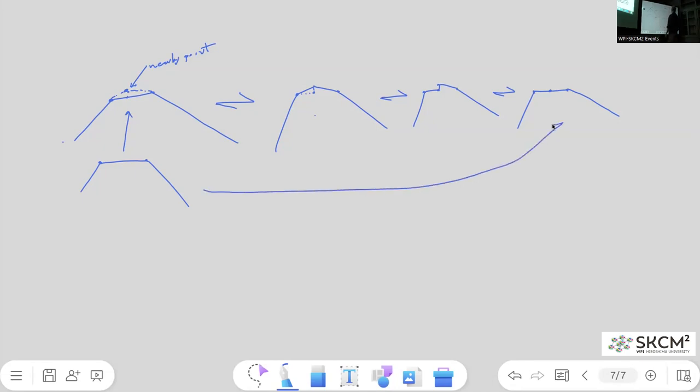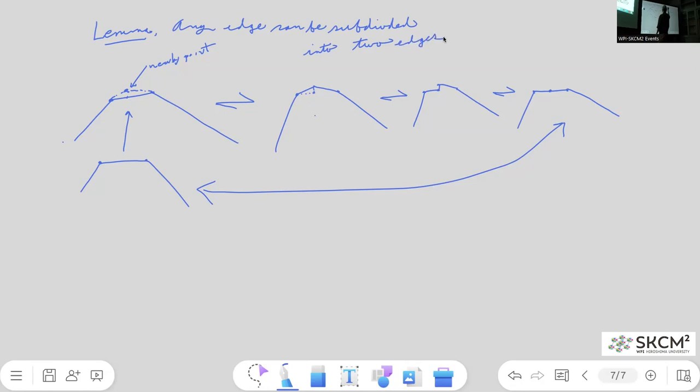And I can go all the way over to here. So that means that the lemma is: any edge can be subdivided into two edges.